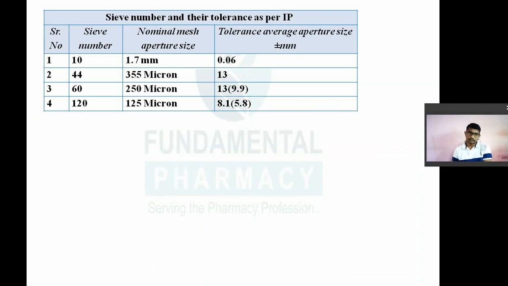Then for number 40 sieve, the nominal mesh aperture is 355 micron and you can tolerate plus or minus 13 micron. For sieve number 60, 250 micron is the nominal mesh aperture size.